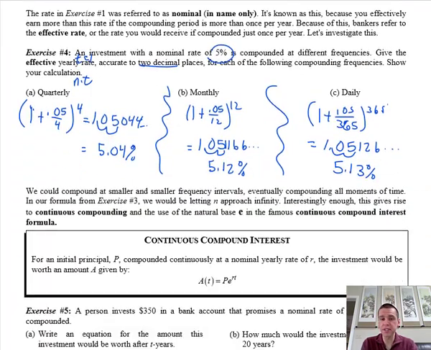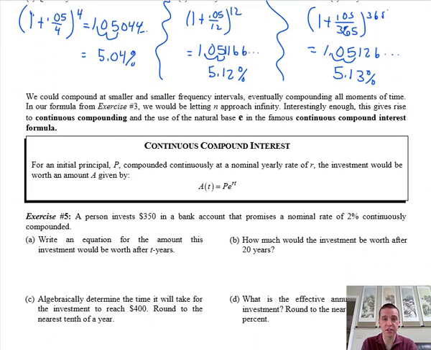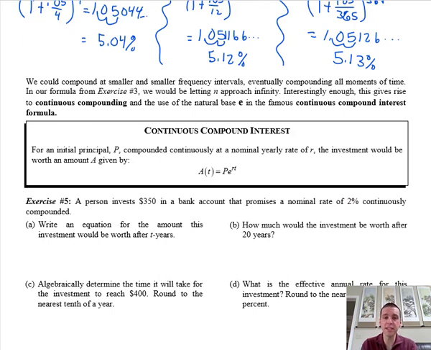But what happens if we compound continuously? What happens if we keep gaining interest? And in reality, that doesn't happen in your bank account. So we'll just state that. It does not happen in your bank account, but it does happen in our next section of the notes. So let's just talk about what happens when we do gain interest continuously. Notice that we have our number E here.